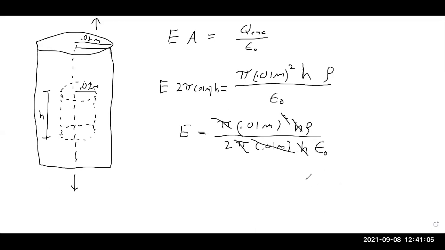And for number 4, I think it's the trickiest one of the bunch. It was a spherical shell, and the inner radius was 0.3 meters and the outer was 0.4 meters.